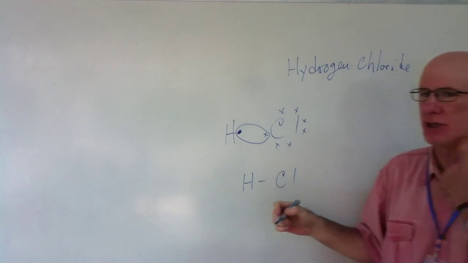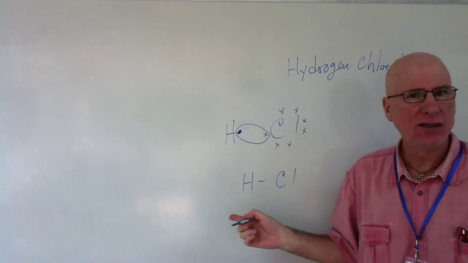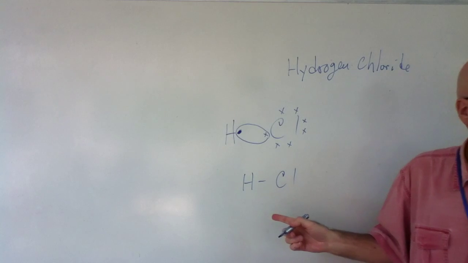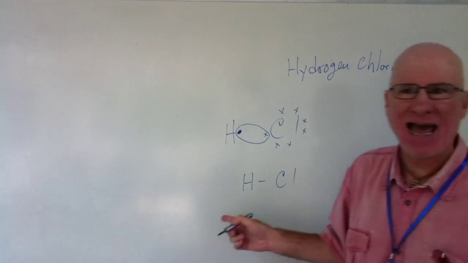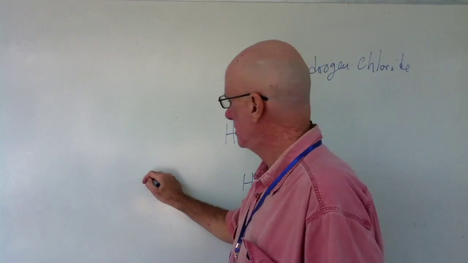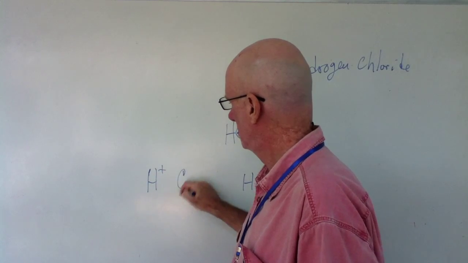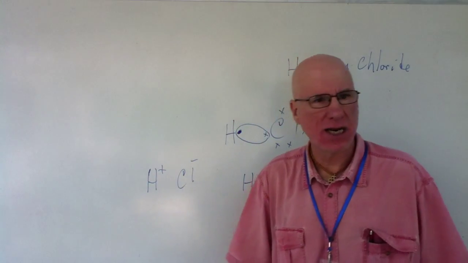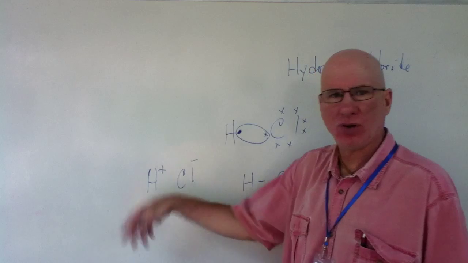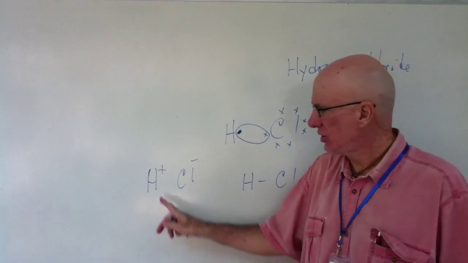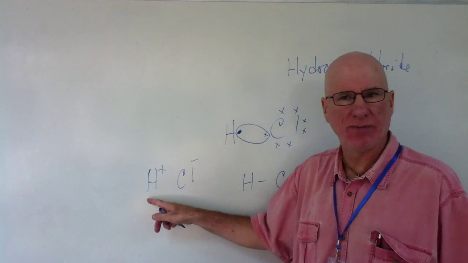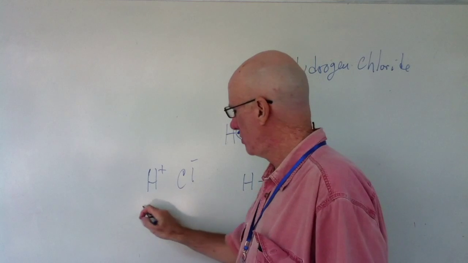Now, this is interesting because in the gaseous state, this is a covalent bond. In the aqueous state, it looks like this. It's ionic, where it pulls it apart. This actually is hydronium. Okay, remember hydronium or not?